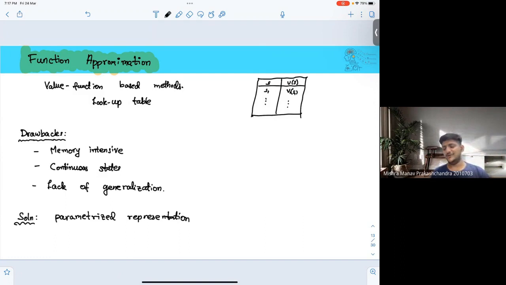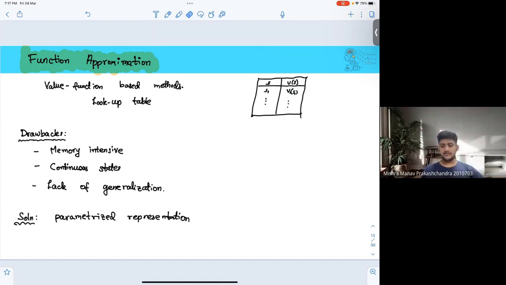Then we don't need any such table to look at. Rather, for any state S, our parameterized representation should be able to estimate the value function for any unseen states. The more parameters I have, the better the estimation or prediction of the value function I can make for that particular state S.